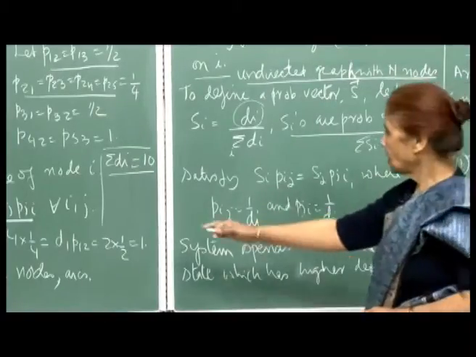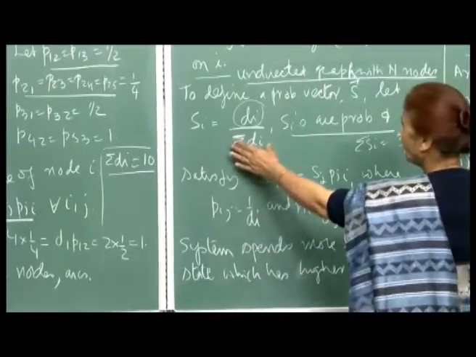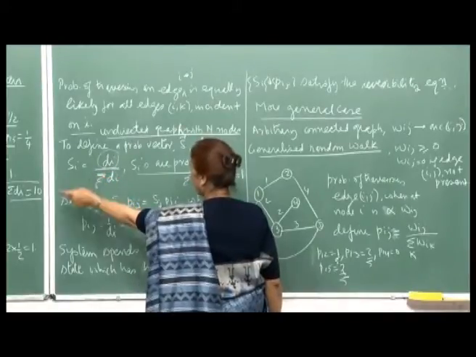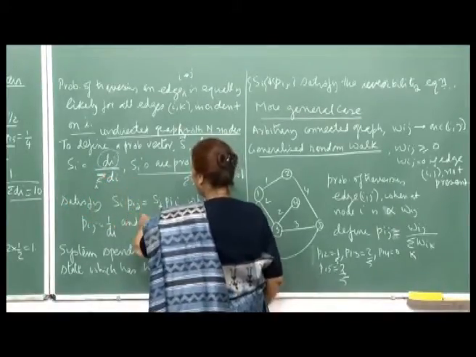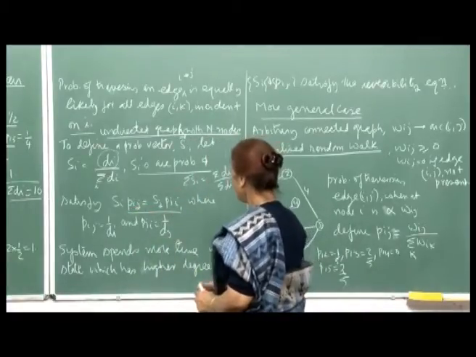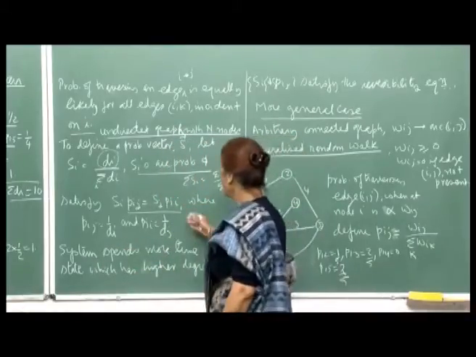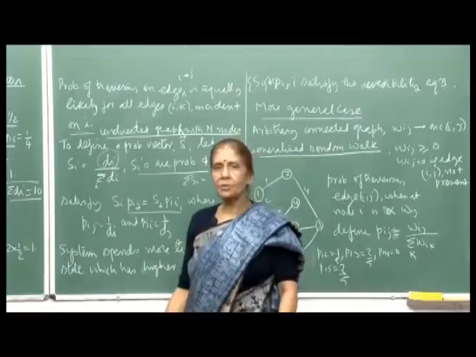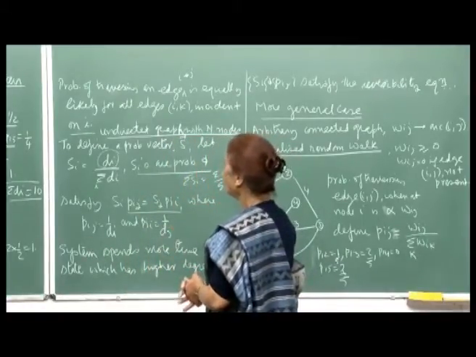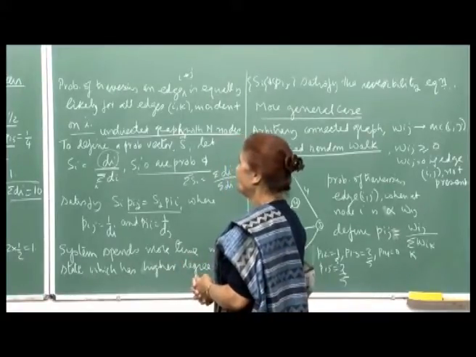As we saw in this example, you can easily verify this because you have simply divided each S_i by this normalizing sum. Therefore, the equations will remain the same, and so these will be satisfied. This probability state vector and these transition probabilities satisfy your time reversibility equations, and so we will say that this random walk on an undirected graph can be looked upon as a time reversible Markov chain.